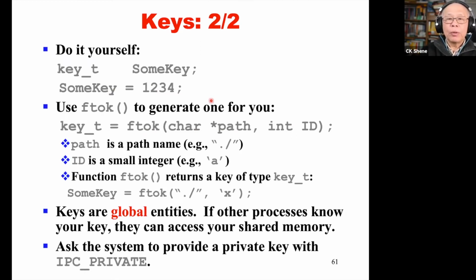So if you insert a path here and a small integer here, ftok will return a key. Here, usually the path is simply the current directory, dot slash. Why? It's because we have our program in the current directory, and we run our program from there.